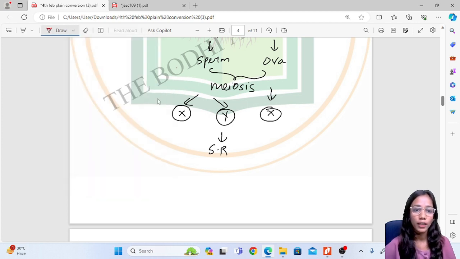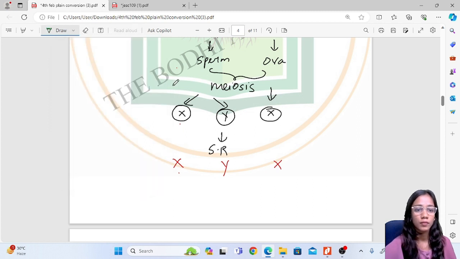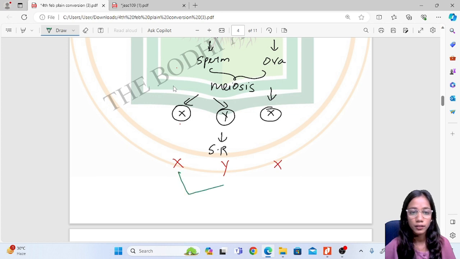Okay, so if the X chromosome carrying sperm fuses with the egg, the sex of the child will be X and X, that is the girl child.